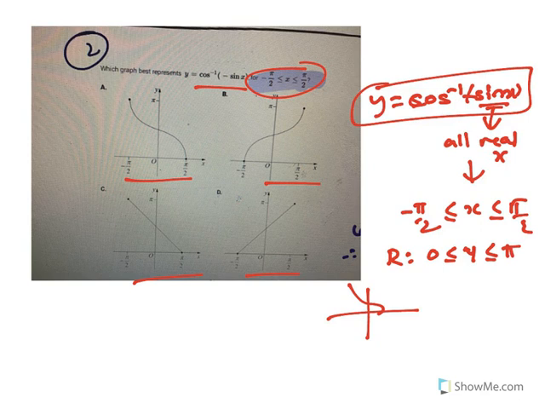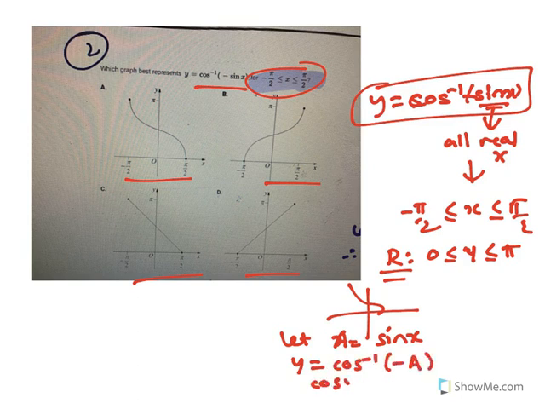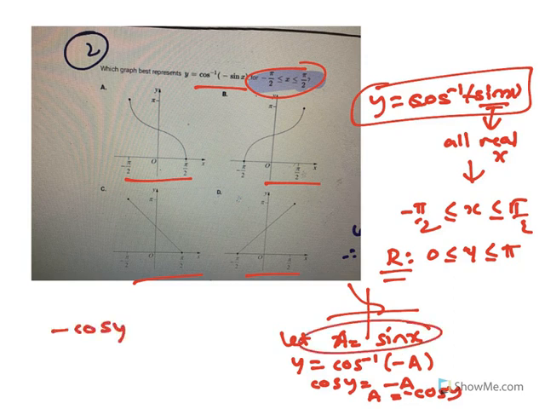So the next thing to think about here is if you let a equal sine x, then you get y equals cos the -1 of minus a. So that means cos y equals minus a. So a is equal to minus cos y. So that means that minus cos y equals sine x.